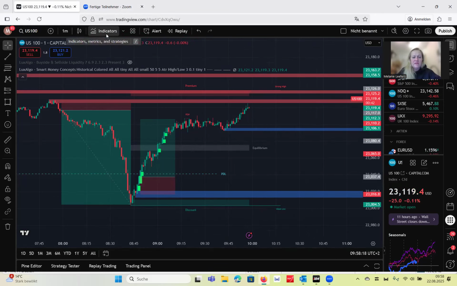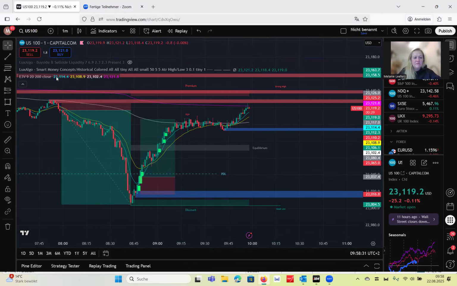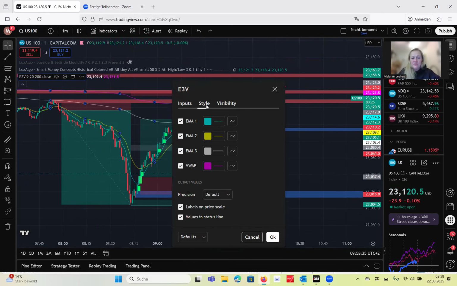Sometimes what I do is I use the 200. I don't like the VWAP. I use the 200 EMA. So, for example, if you like to use VWAP and 200 EMA, there's an indicator where you can have both.